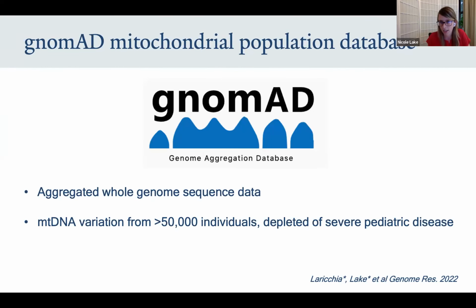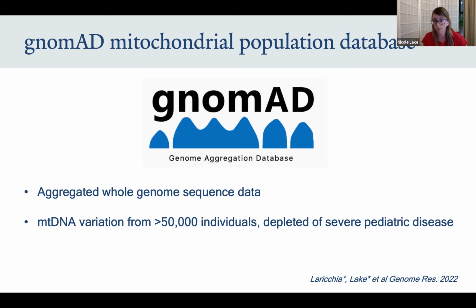So together with our collaborators at the Broad Institute, we called variants in the mitochondria in more than 50,000 individuals for whom genome sequencing data was available. Most of these samples, I will say, are from blood. We don't have the tissue source for all of them, but for those that we do have, most are from blood.